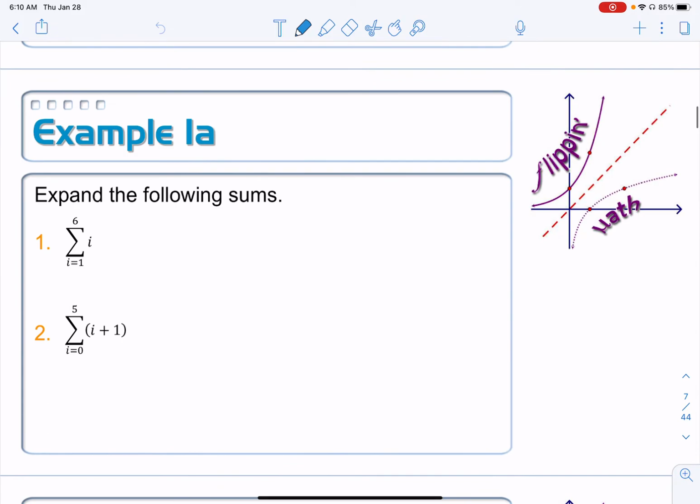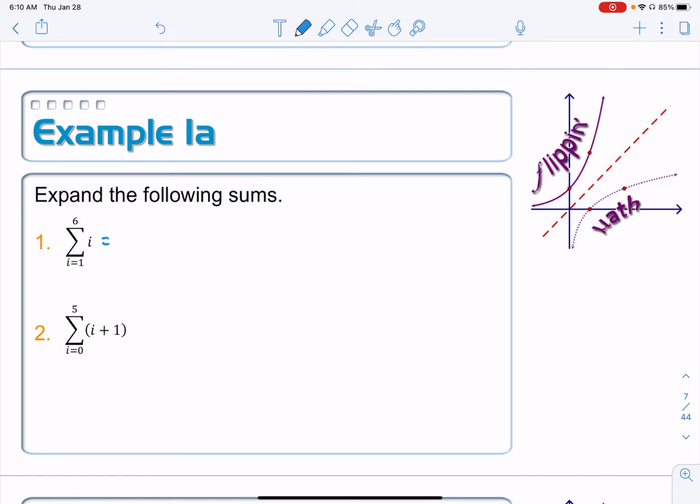All right, so I have the summation from i equals 1 to 6 of i. i is like our little function here, and this counter i equals 1 tells us where to start.